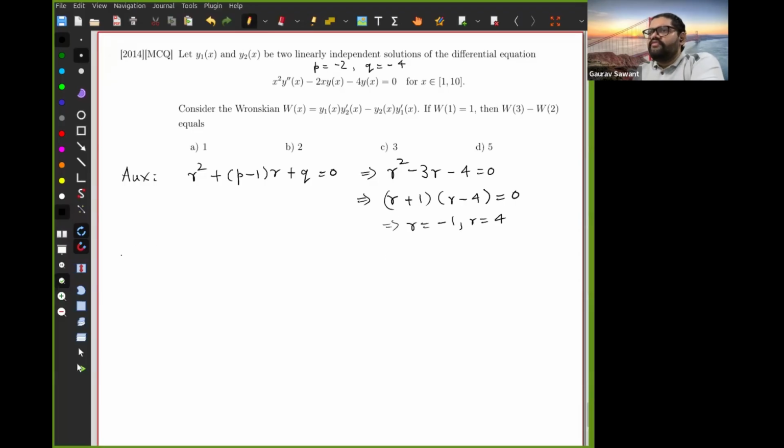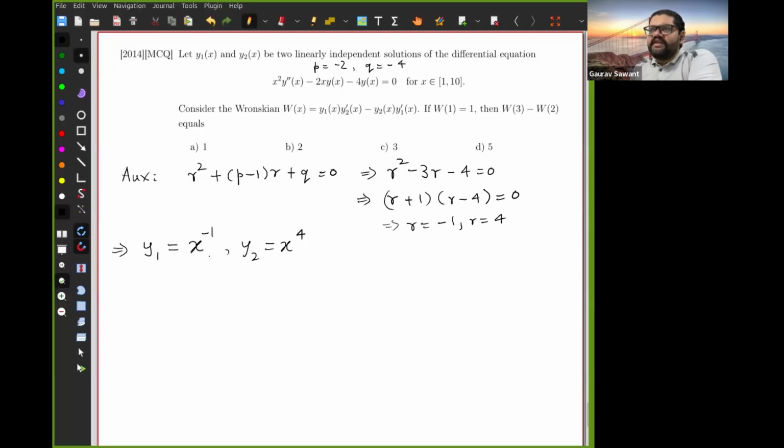These are the solutions. Okay. And therefore, my linearly independent solutions are y1 is equal to x power -1 and y2 is equal to x power 4. And a linear combination of these is going to be your homogeneous solution. Okay.